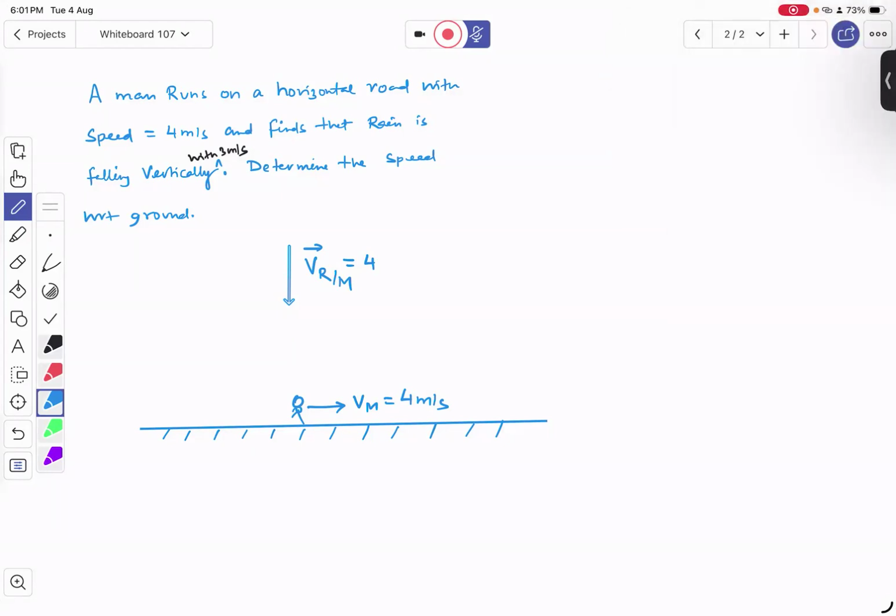So the thing is, whenever I have to find an unknown vector, what we do is assume an unknown vector in terms of its components. Because if I don't know a vector, I have to assume it. Assuming a vector takes two things.